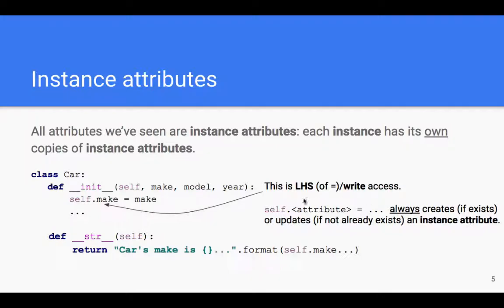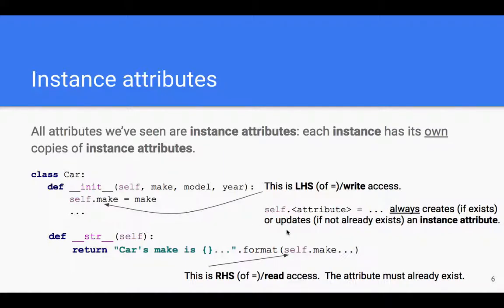And what that does is it will create the attribute in that instance if the attribute doesn't already exist. If for whatever reason the attribute already exists, then it'll update the value for that attribute.